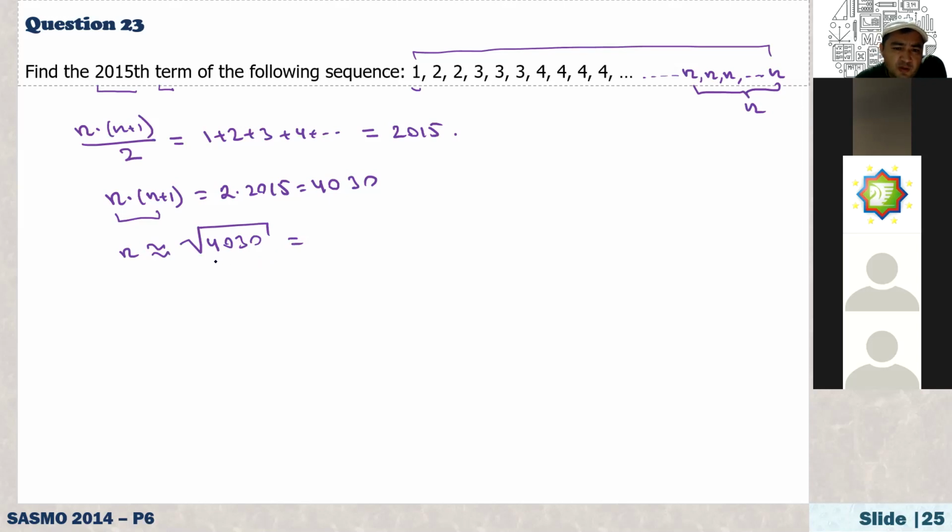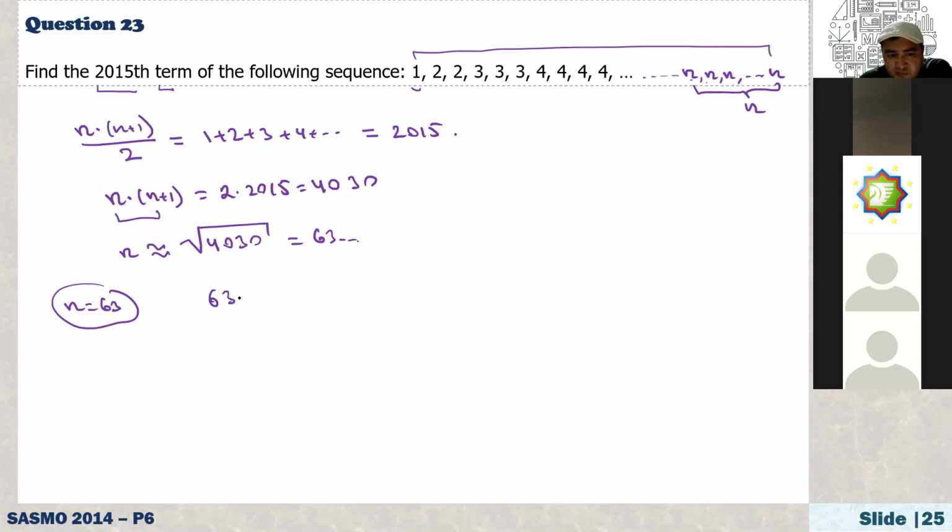What is the square root of 4030? It's not 20 times 20. It's about 63 something. So suppose n equals 63, and we have 63, 63, 63, and when I count until here we have 2015 terms.